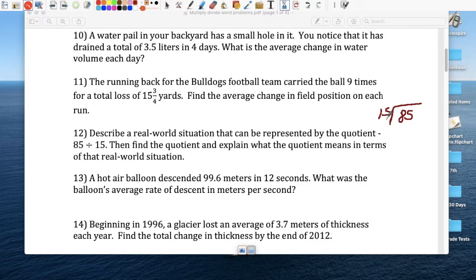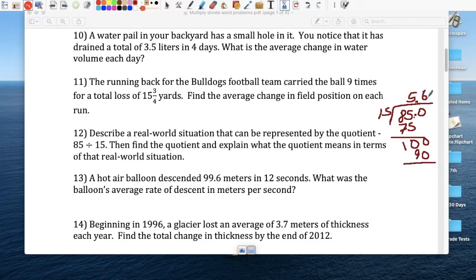Okay, so 6, 5, 25, so it goes into 85 5 times, so that's 75. 10, add a decimal, which allows me to add a 0. 15 goes into 100 6 times. 6 times 15 is 90.